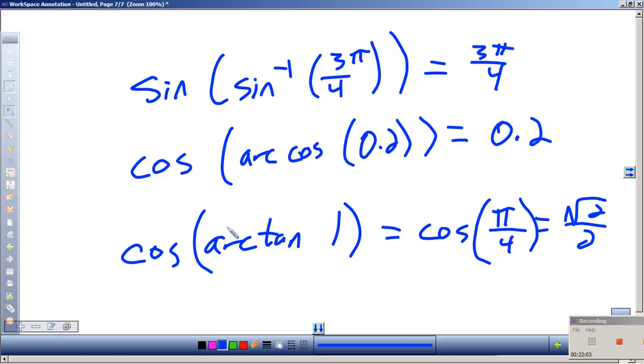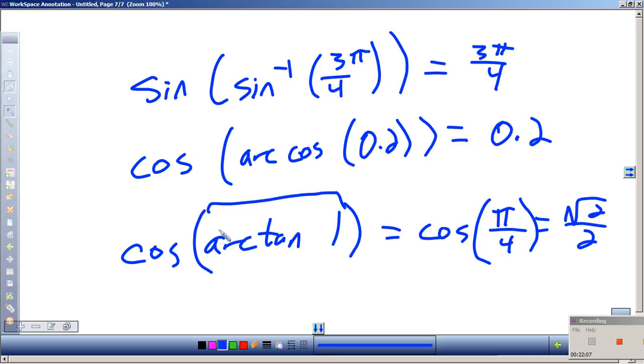Yeah. So this one we first did the arctangent of 1 and got pi over 4, and then the cosine of that answer. Do you follow? Okay. Just work from inside to out, order of operations.